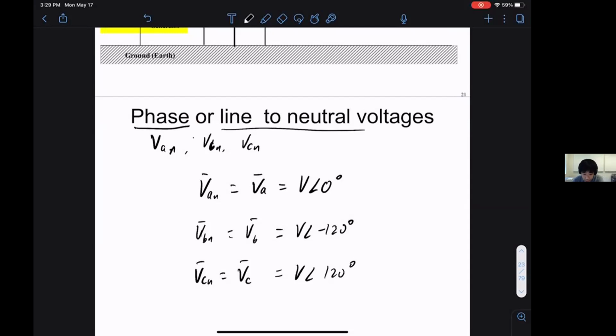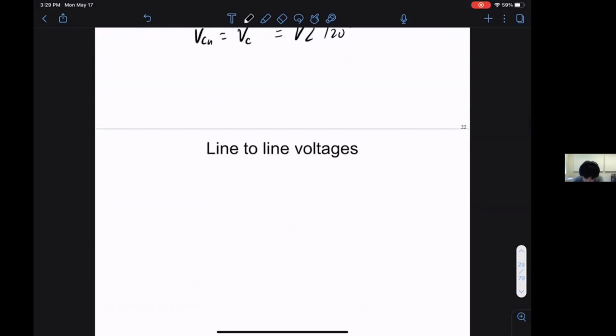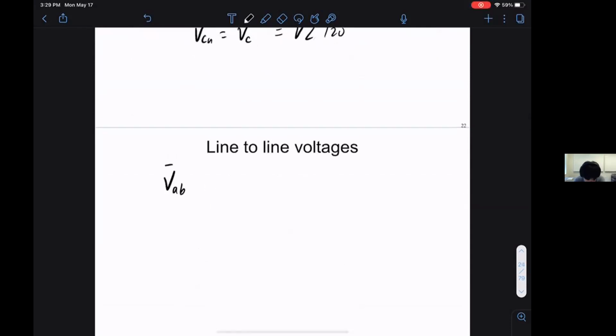Now the interesting one is line to line voltage. What is the voltage between phase A and phase B? Any idea how to compute this? I have phase A and phase B, and I want to compute this voltage. How do I compute this?